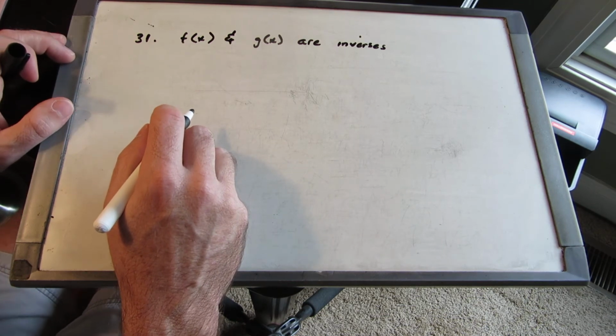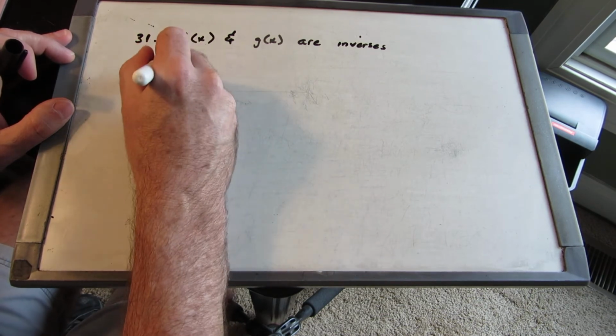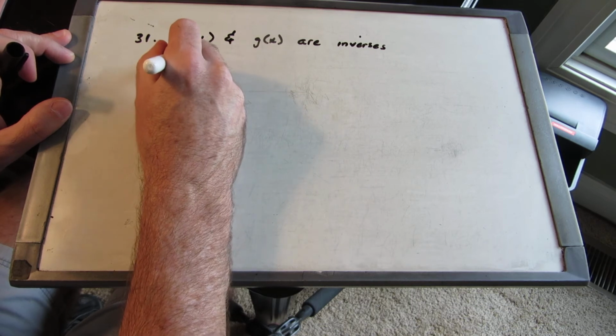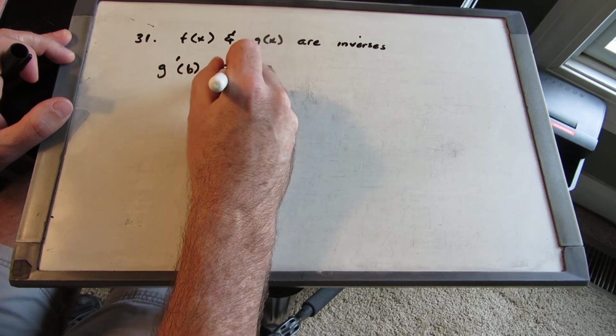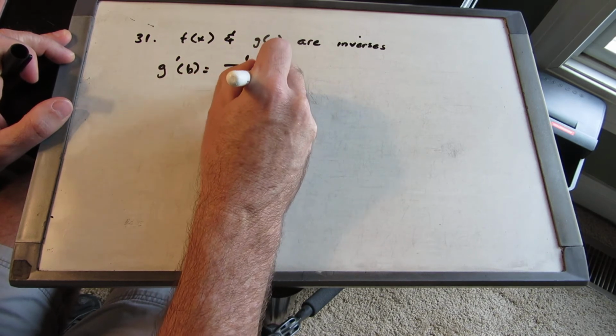Okay, so what that means is that g prime of b is equal to 1 over f prime of g of b.